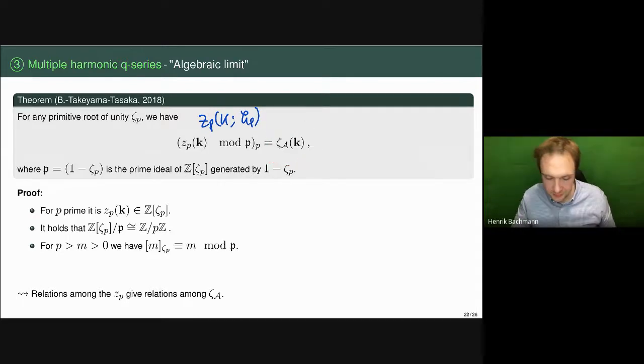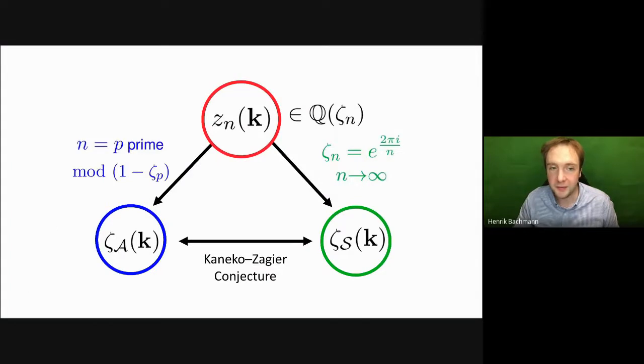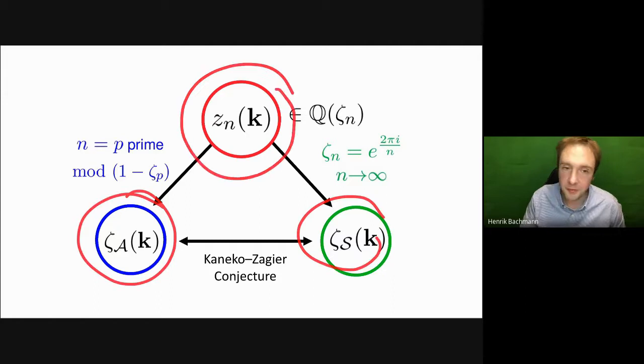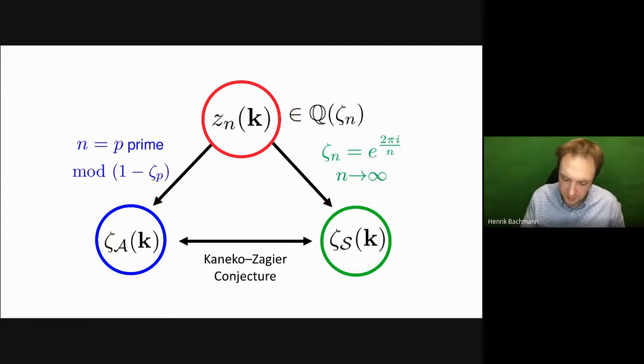Yeah, and this somehow then gives this evidence that these two objects somehow come from the same object here by taking this analytic limit here and this algebraic limit here.